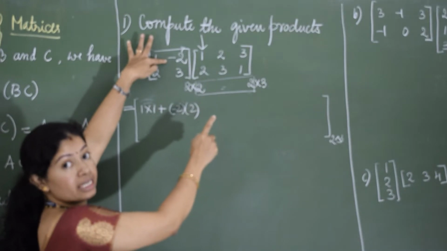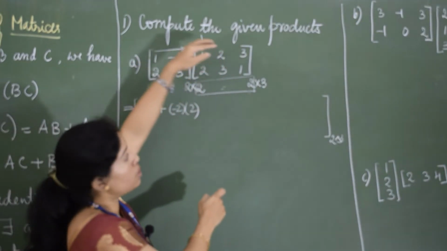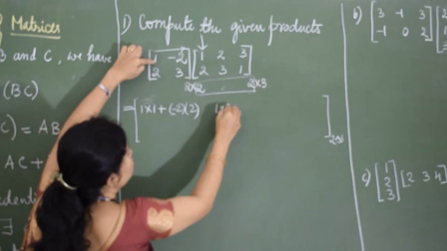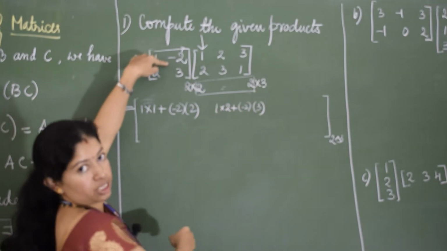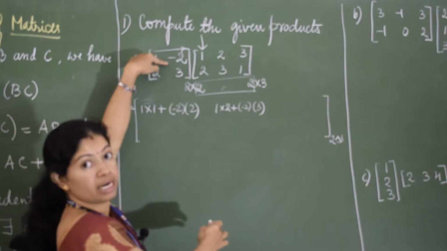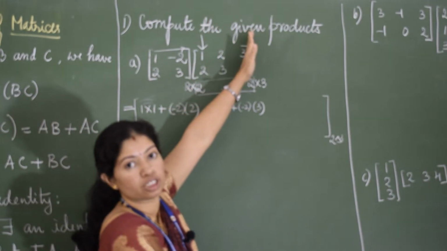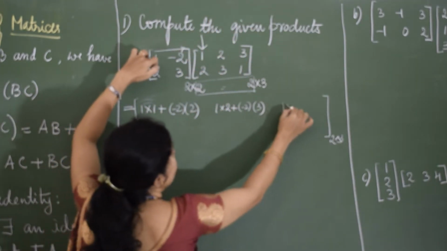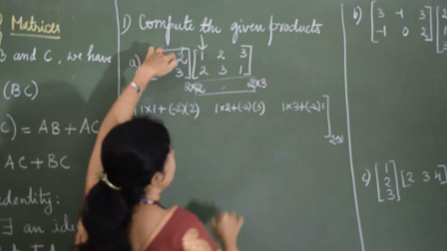Multiply the corresponding elements of the first row with the second column. So it is 1 into 2 plus minus 2 into 3. Next, multiply the first row with the corresponding elements of the third column. So it is 1 into 3 plus minus 2 into 1.